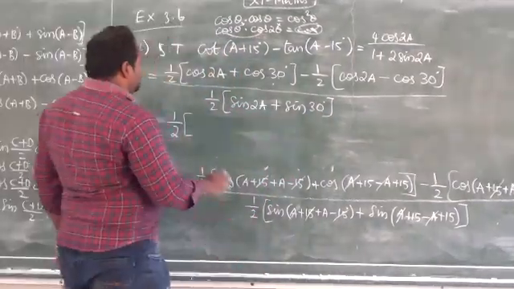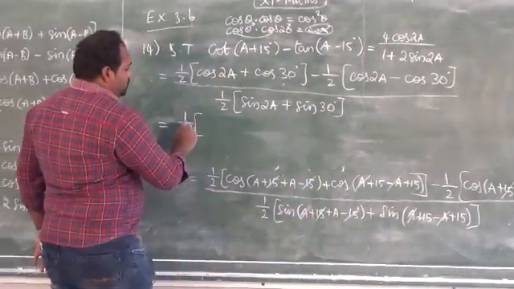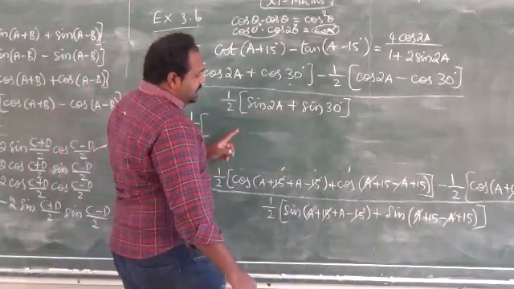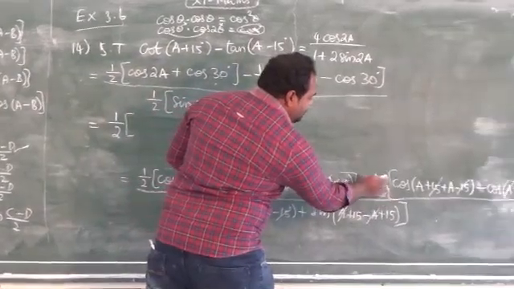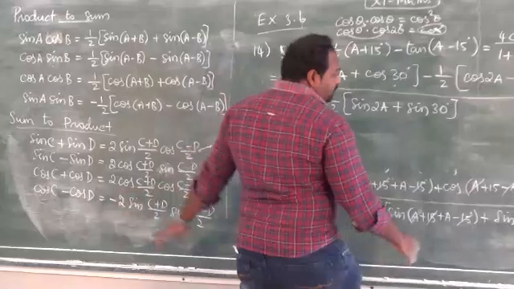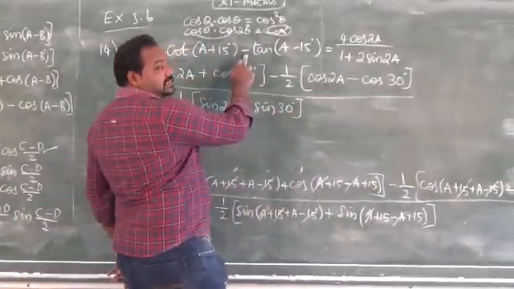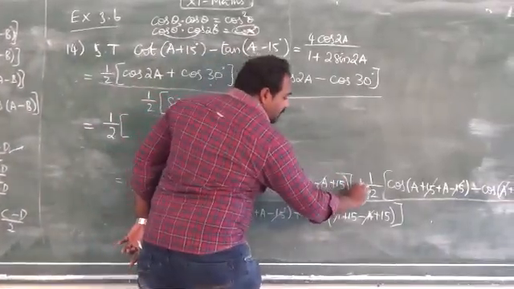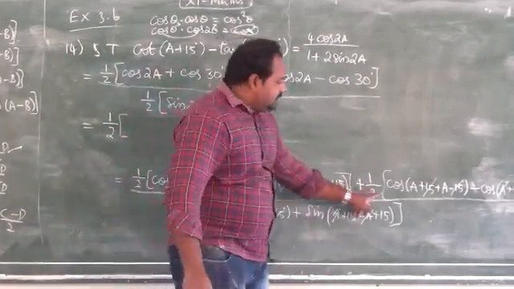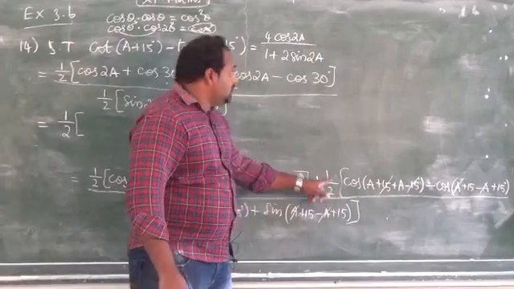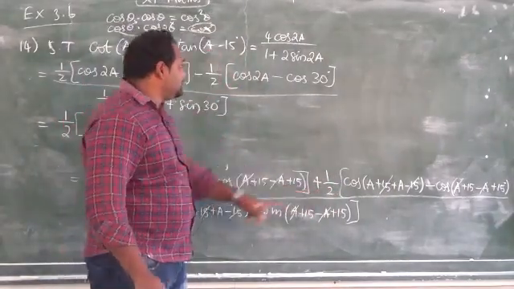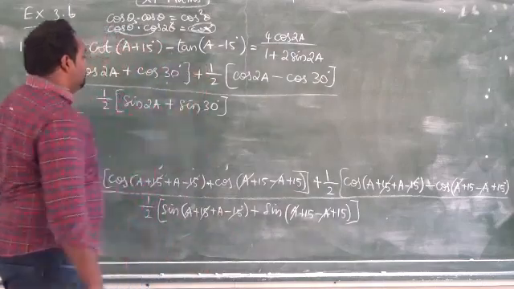Now I am going to take 1 by 2 commonly outside. Before that we had a mistake here. Actually the formula is minus 1 by 2, so minus 1 by 2 has to come here. Already we have a minus in the question in the middle, so it will become a plus. So it is plus 1 by 2.